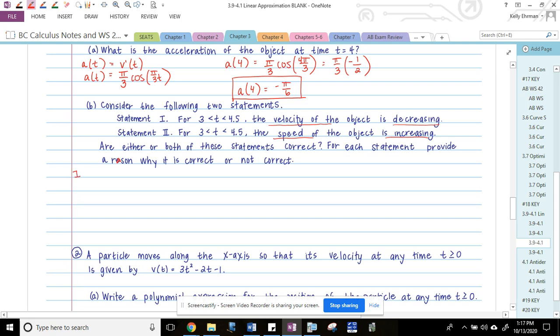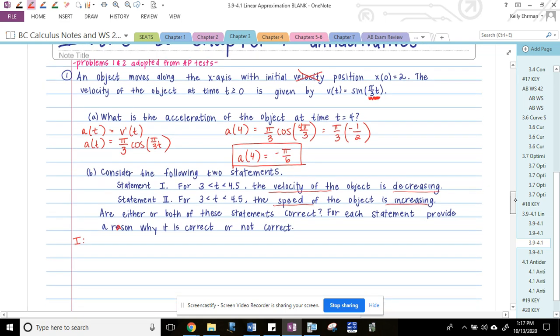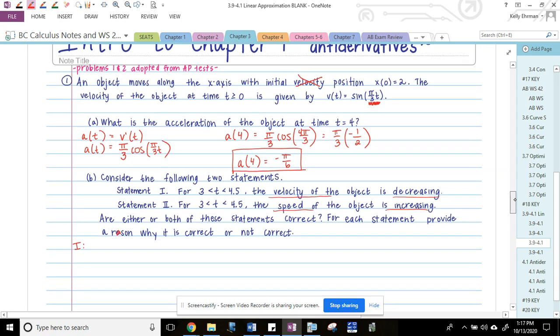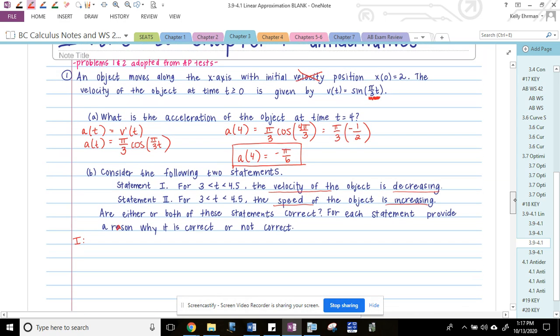So for statement 1, now let's assume we're not told that this object moving along the x-axis has any discontinuities, so let's assume continuous and differentiable everywhere. Actually, we don't have to assume that because the velocity function is continuous. So that tells me that there wouldn't be any points where our position is discontinuous.